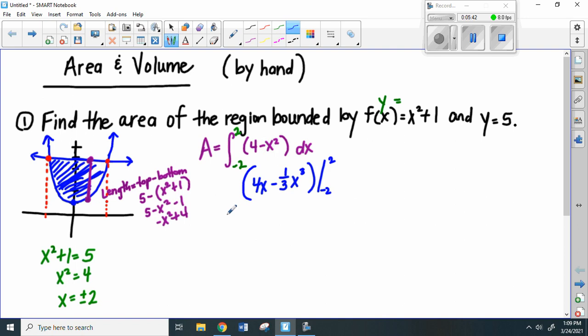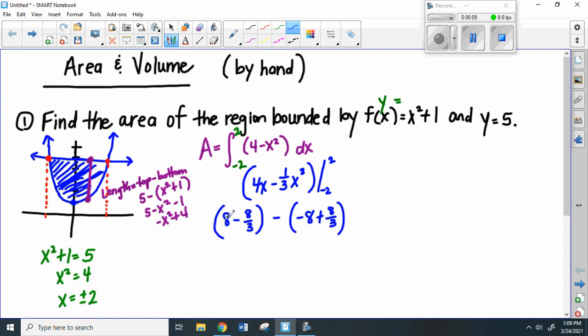So let's see, 4 times 2 is 8. 2 cubed is 8, so that becomes 8/3. Then you subtract and plug in -2. Well, 4 times -2 is -8. -2 cubed is -8 times a -1/3 is positive 8/3. And then when you're combining this, you kind of need to see if you can combine things to make it a little bit easier on yourself.